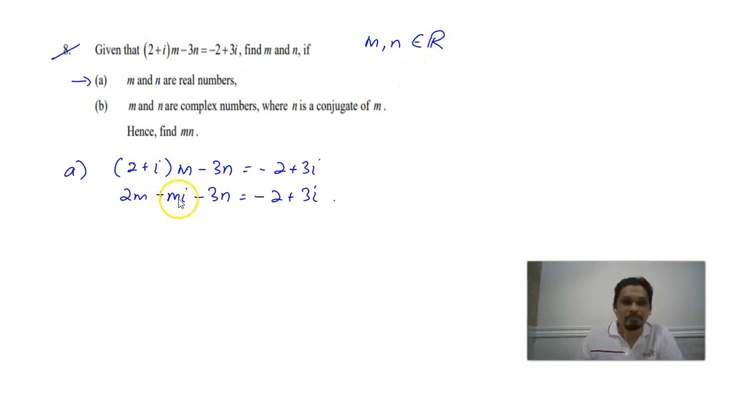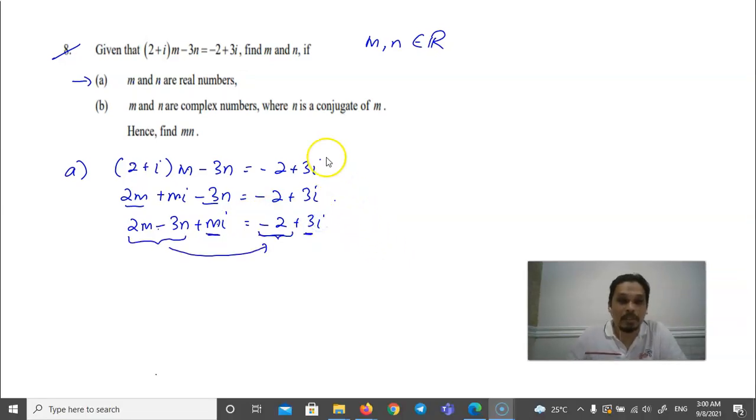So 2m minus 3n and plus mi equal to negative 2 plus 3i. Class, let's double check with the equation again. 2 plus i times m, so 2m plus mi minus 3n, and then equal to negative 2 plus 3i.